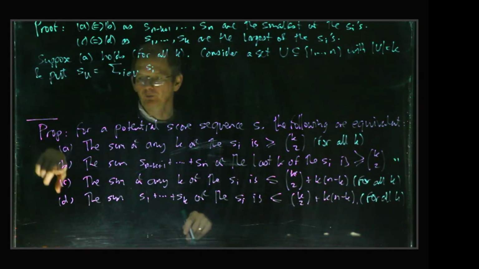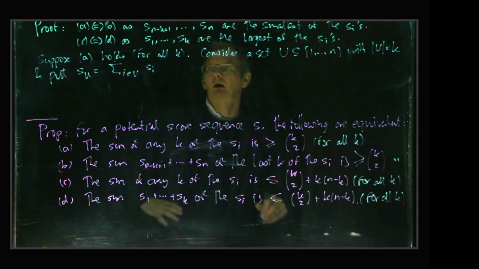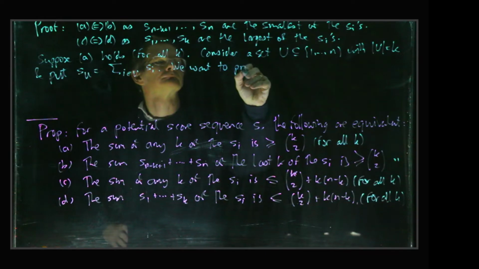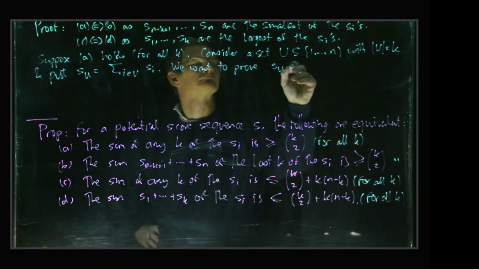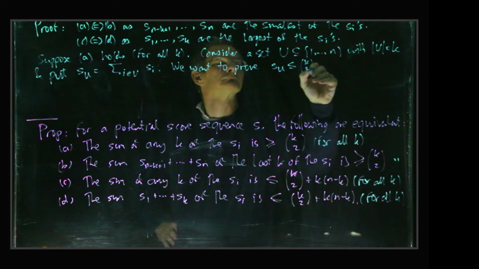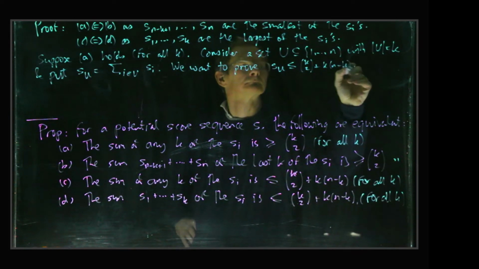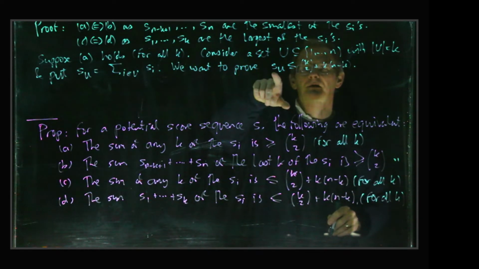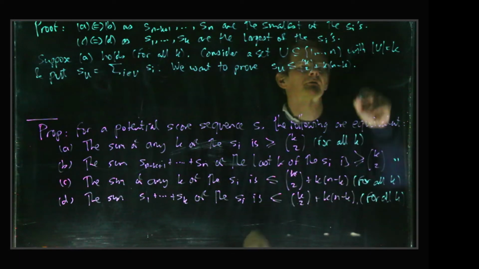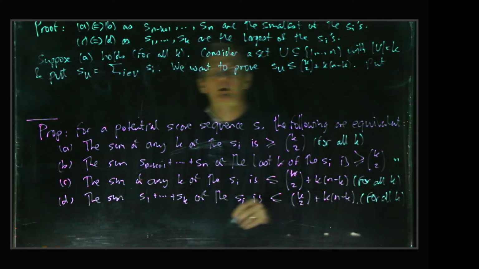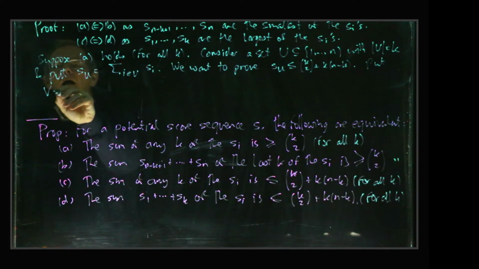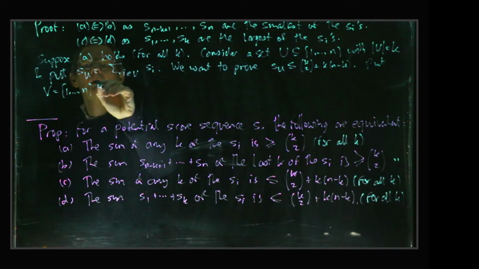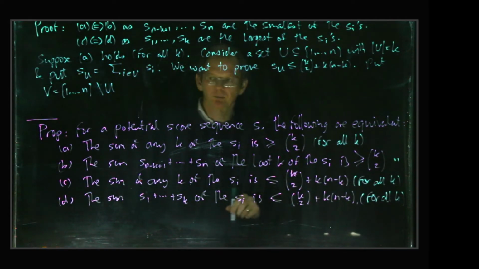We're supposing A holds, and we're trying to prove C here. So we want to prove that C holds, so we need to check that S_U is less than or equal to k choose 2 plus k times n minus k. So we put V as the other indices, 1 up to n, but with U removed.